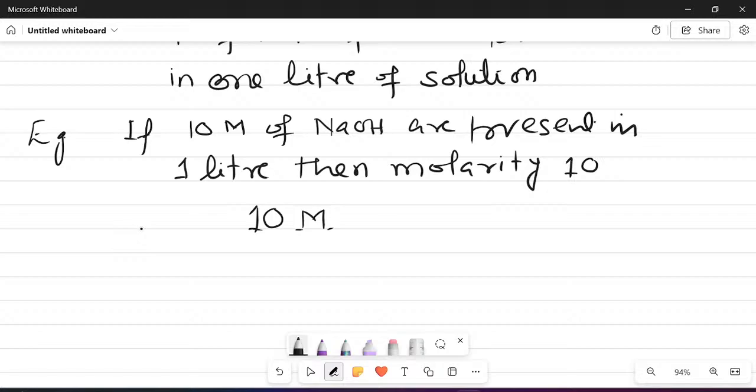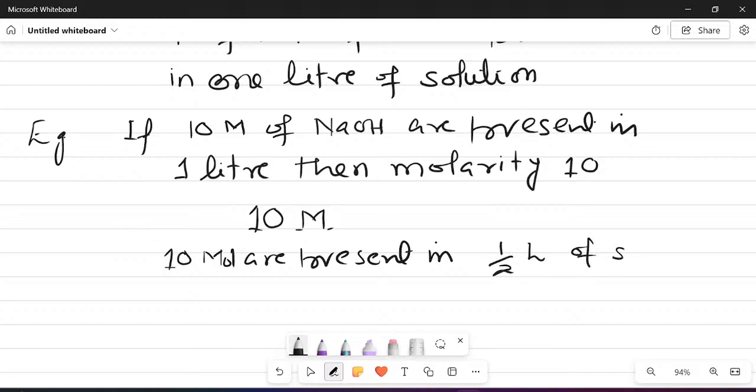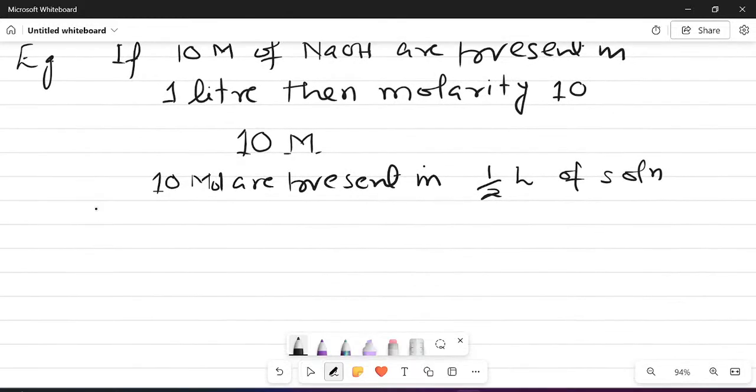Now I will change the data. Suppose 10 moles are present in half liter of solution. Then what is molarity? We will apply a simple trick.